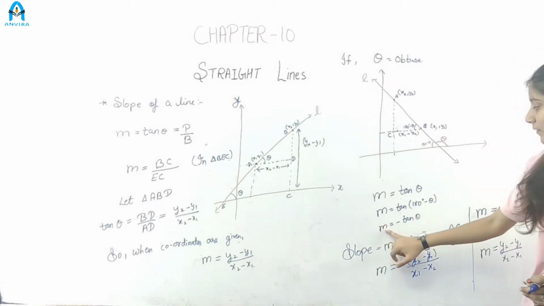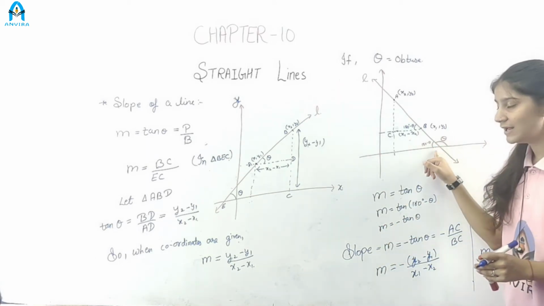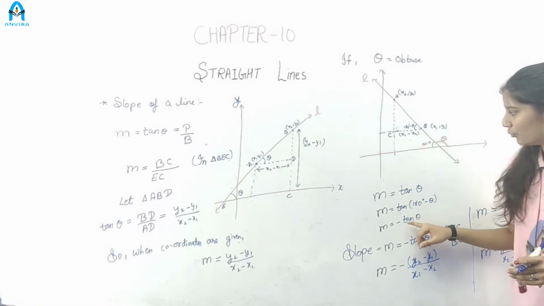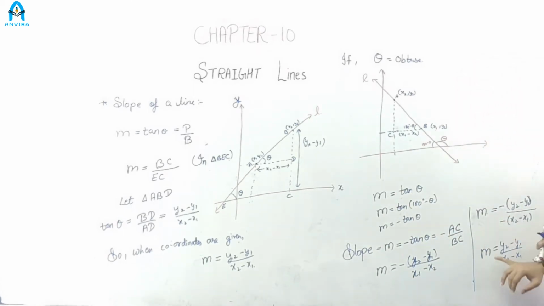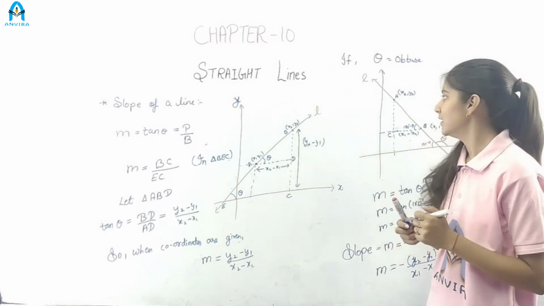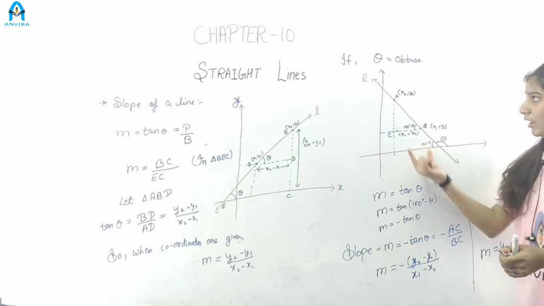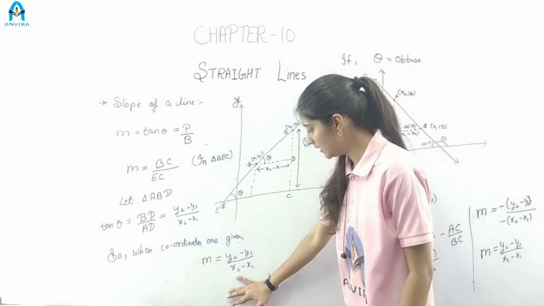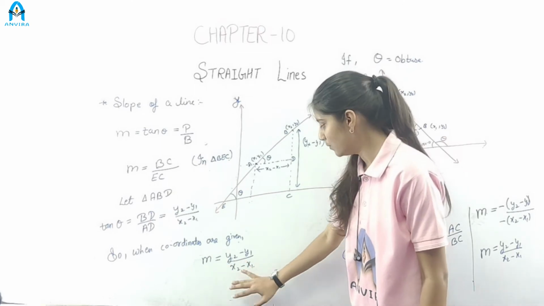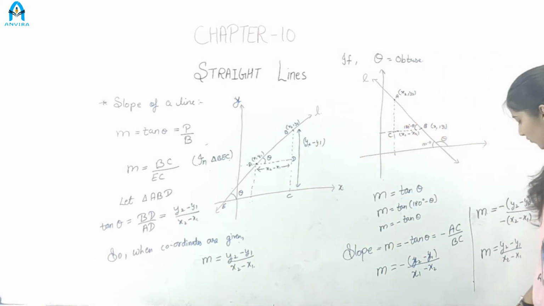The slope of the line when the angle is obtuse is negative when tan theta is given, but for the coordinate system the formula doesn't change. When the angle is acute, we get y2 minus y1 upon x2 minus x1.